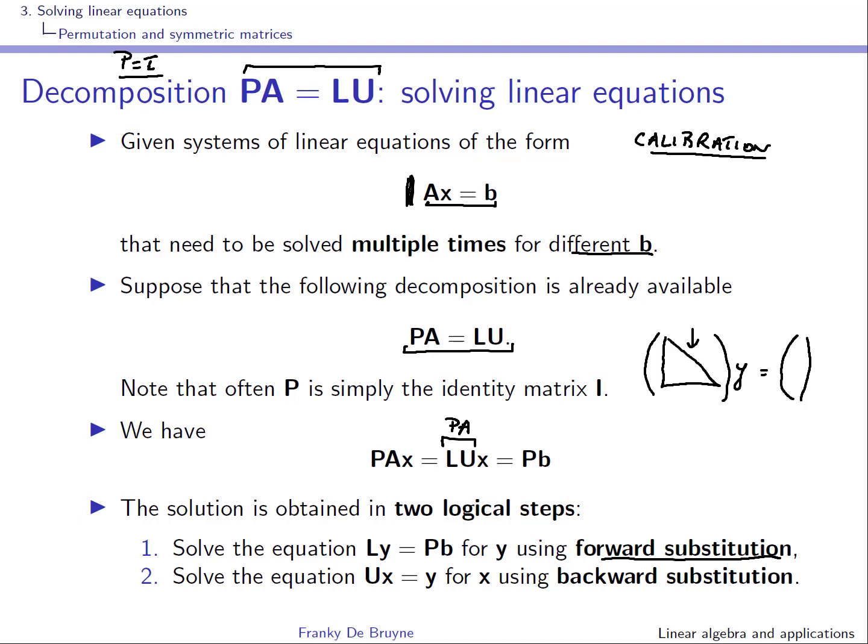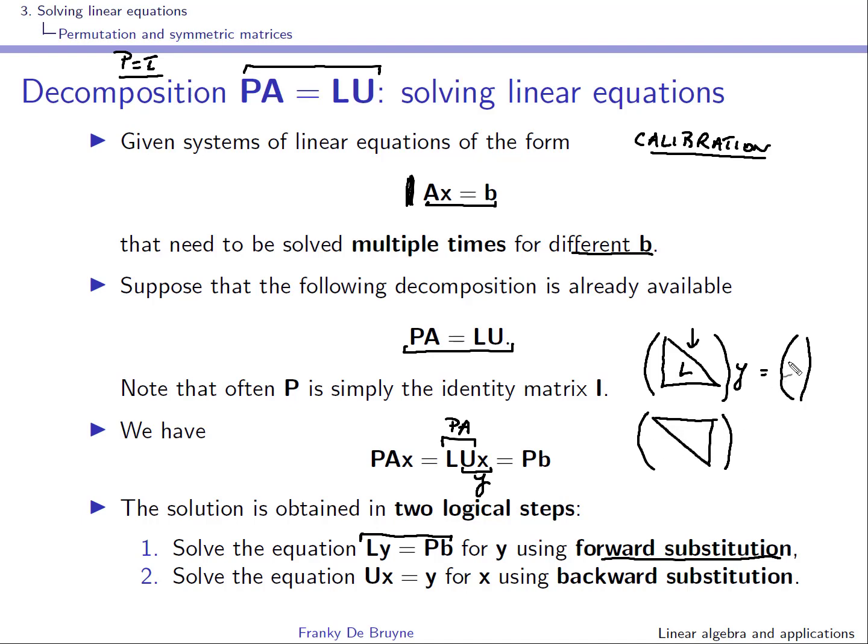Now you have solved this equation, and this is the y that you have over here. Since you have y, you can solve the second system, Ux is equal to y. This was my L over here, and now we have a matrix that is upper triangular.